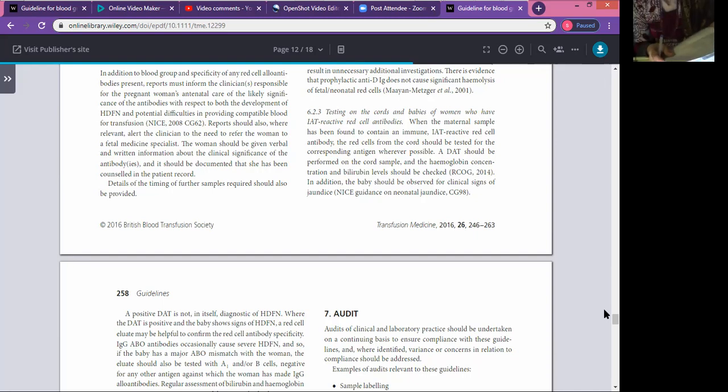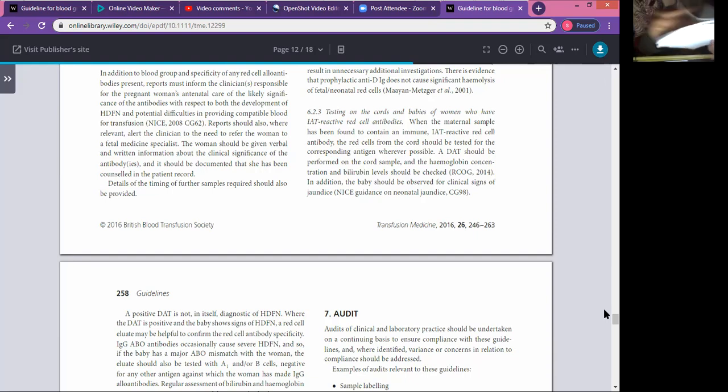These pregnancies would also need to be monitored at the fetal medicine specialist center. I think this is all about that.